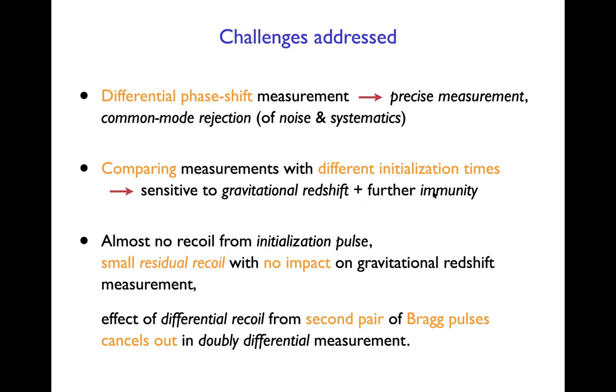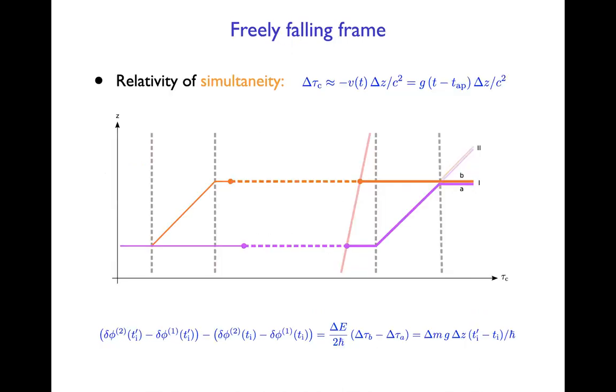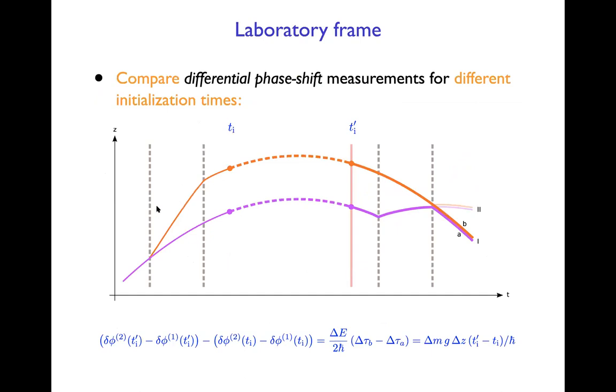And finally, you have basically no problems connected with the differential recoil. That has to do with the fact that the first pair of laser pulses is just acting on the ground state, so you don't have different internal states here. You do get an effect from the second pair of pulses.